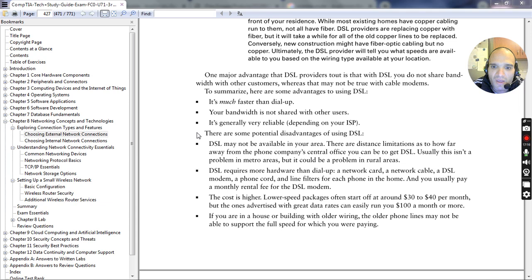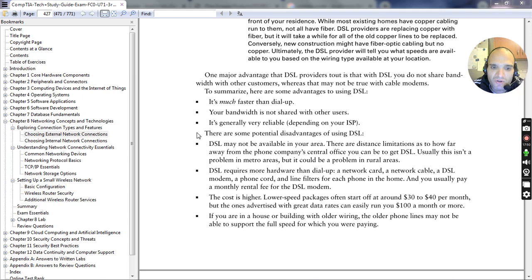There are distance limitations as to how far away from the phone company's central office you can be to get DSL. Usually this isn't a problem in metro areas, but it could be a problem in rural areas.